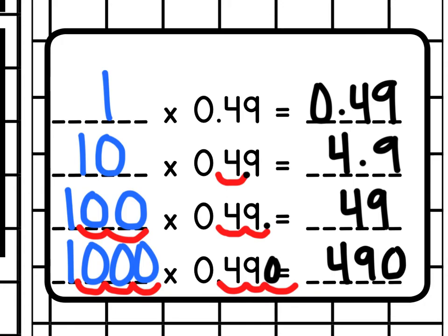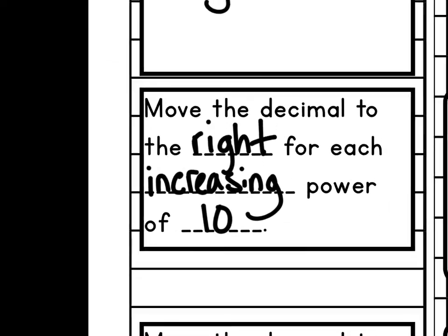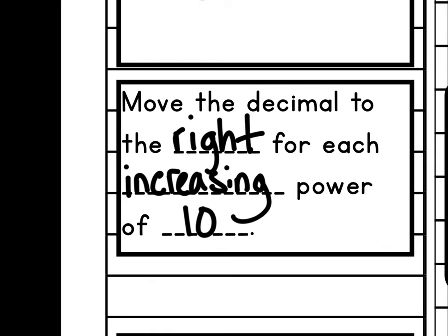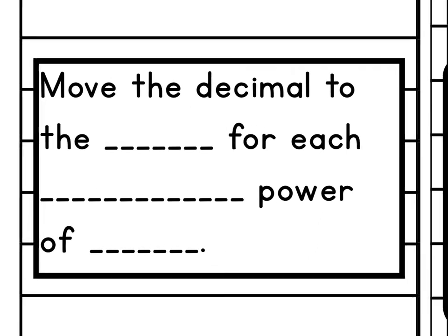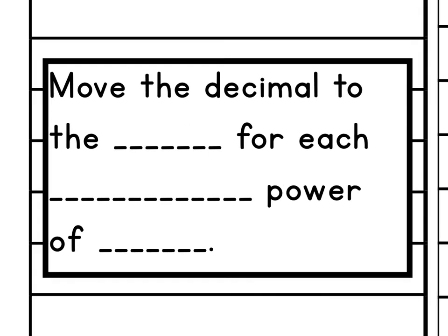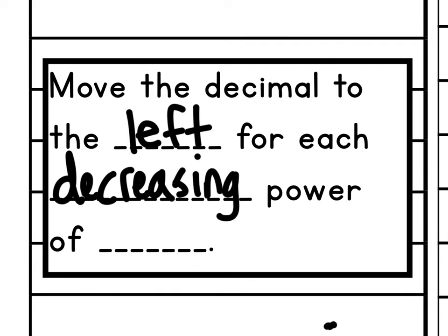Okay, class, now let's go to the bottom box. We just move to the right when we increase. So you might be able to guess that if we move the decimal to the left for each decreasing power of 10.